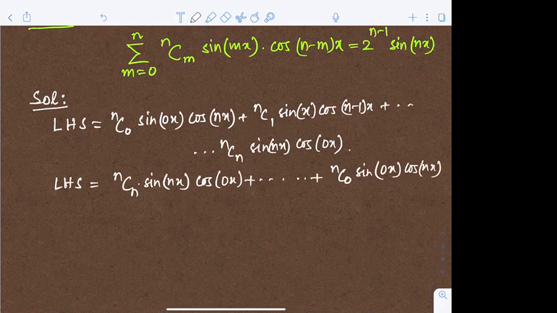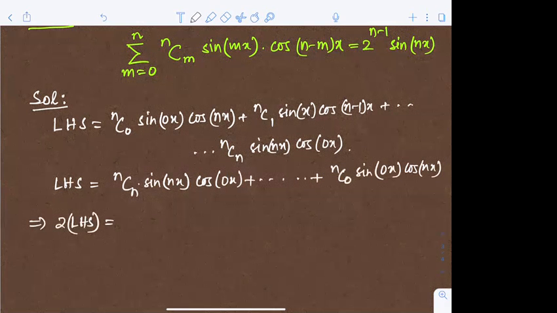So now if I add, this will imply 2 times LHS equal to, you know that nC0 and nCn are the same, nC0 and nCn are equal. So we can now take nC0 common for them, and inside whatever is there will be of which formula, sin a cos b plus cos a sin b, that is sin of a plus b.